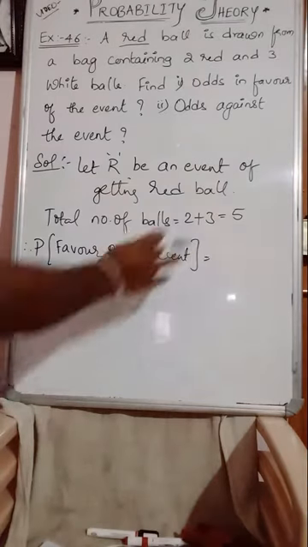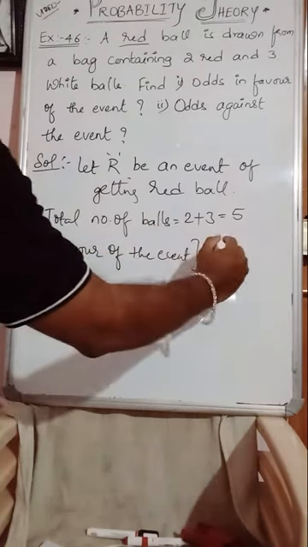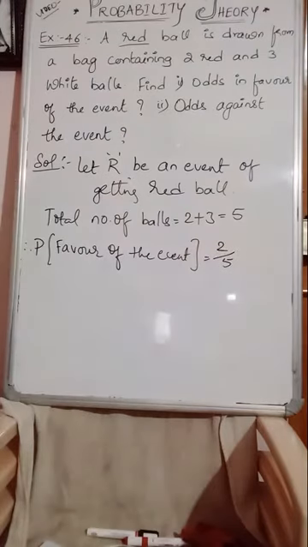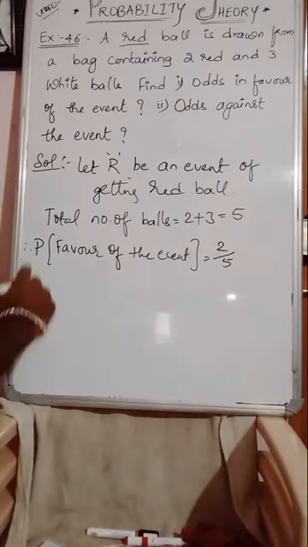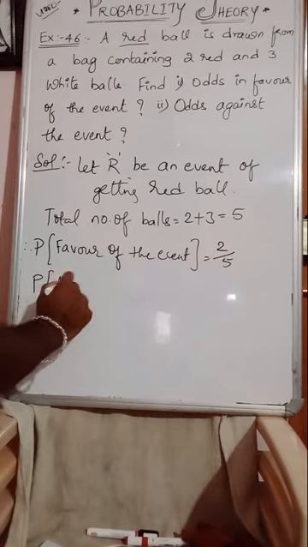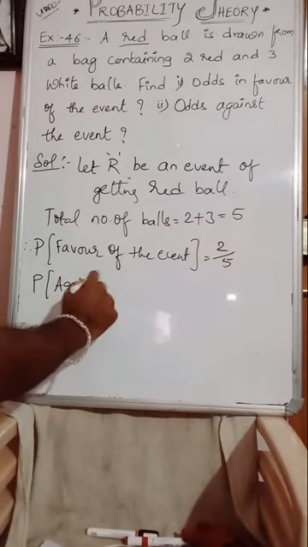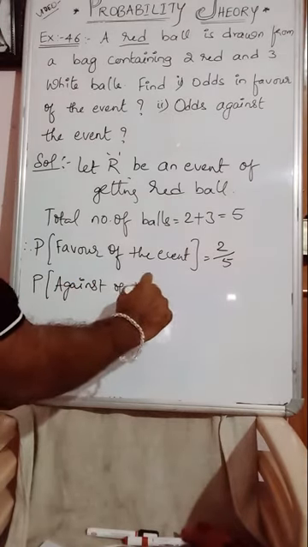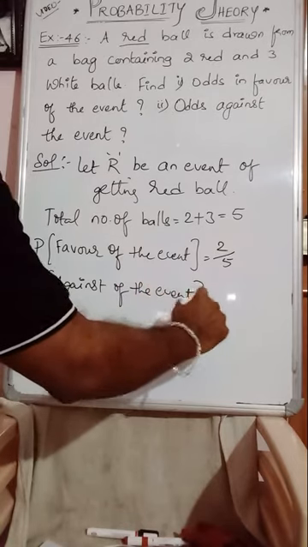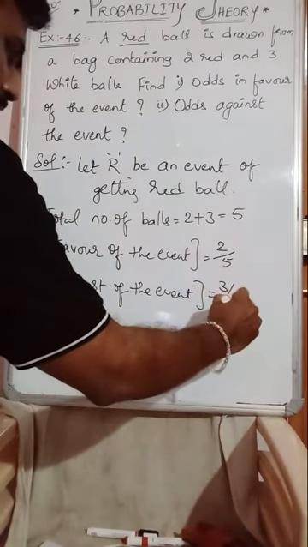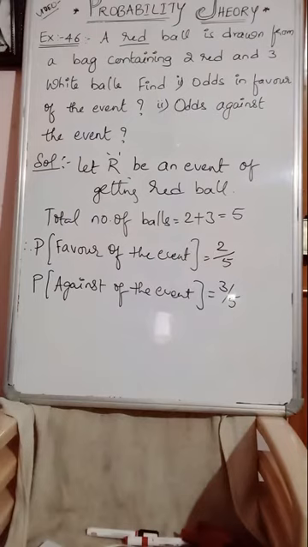Favor of the event is getting a red ball. So reds are 2, total is 5. So favor of the event is 2 by 5. Then probability of against the event is 3 by 5, complementary the other one, isn't it?